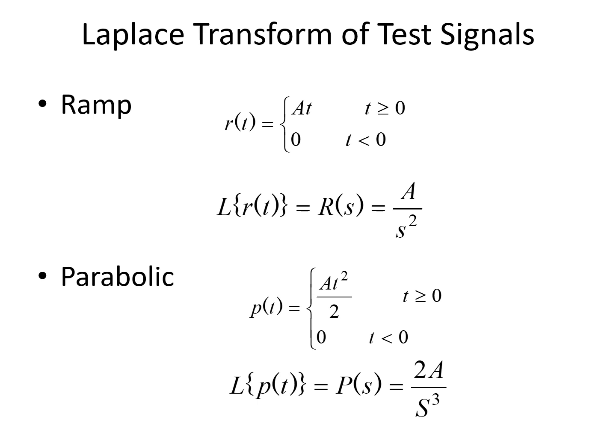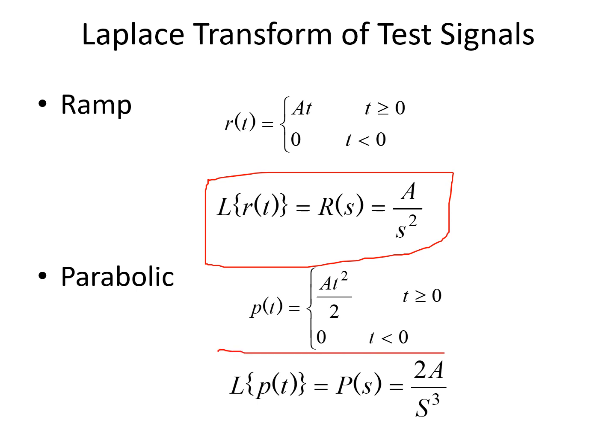Laplace transform of ramp signal is taken as a by s square. So Laplace transform of t is always 1 by s square, and Laplace transform of t square by 2 is nothing but equal to 2a by s cube. These are the Laplace transforms of the 4 standard signals that we are going to use for analyzing the feedback system.